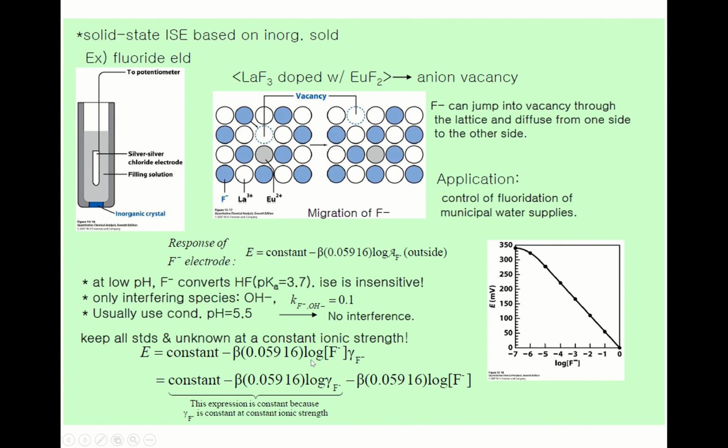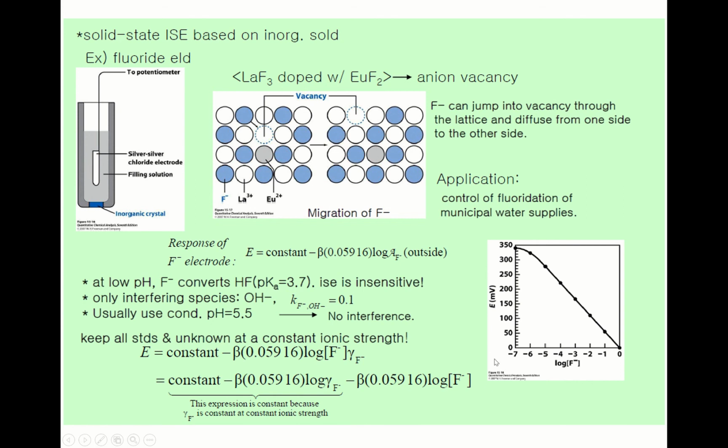We rewrite this equation using concentration and activity coefficient. The activity coefficient is constant at a constant ionic strength, so this part is constant, and the potential depends only on fluoride ion concentration, not activity.